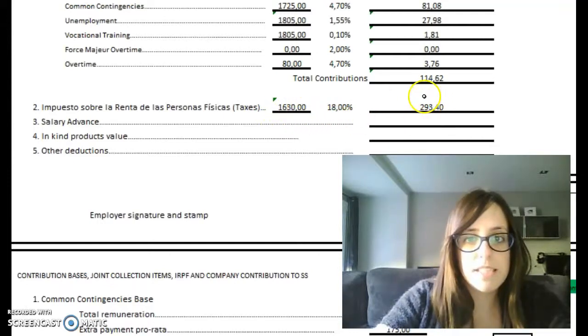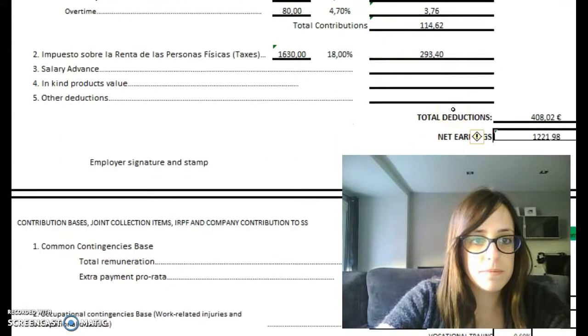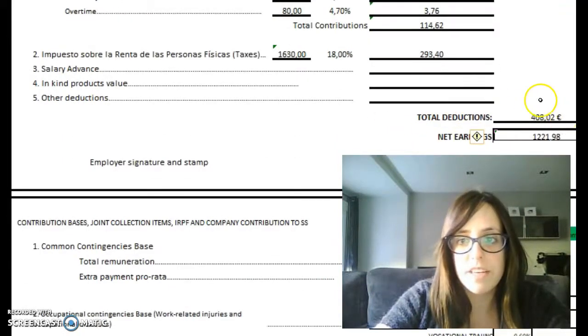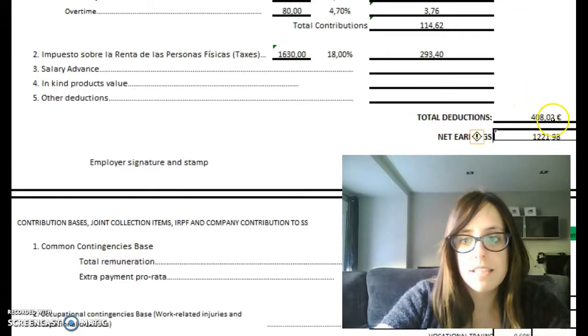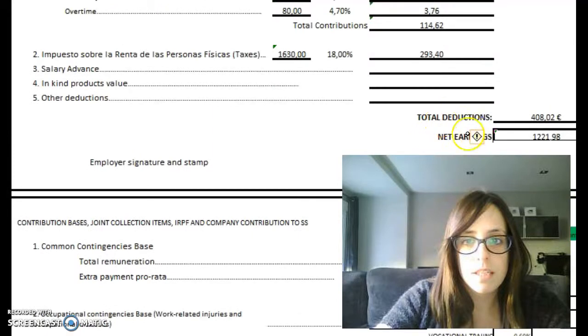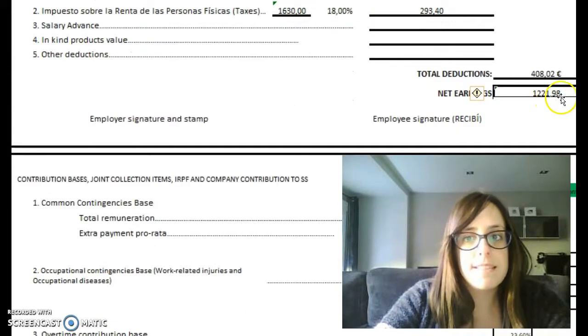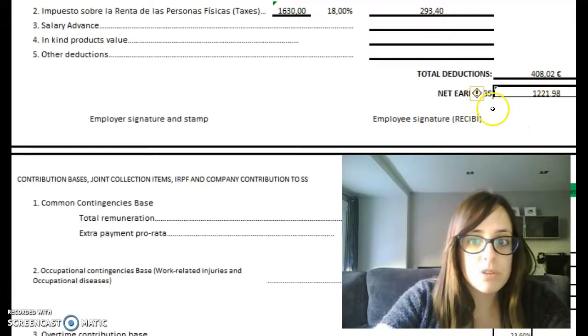And the result is 293.40. Total deductions we have 408.2 euros. And the net earnings we have 1221.298 euros.